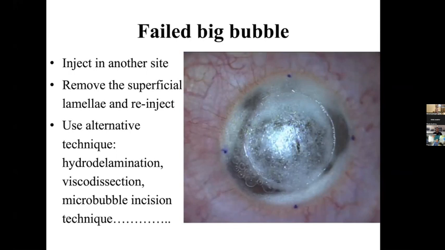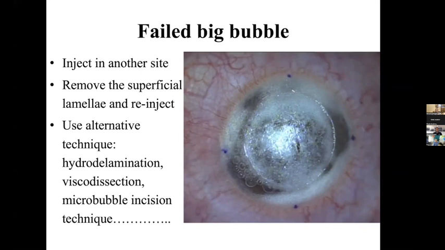But still, there is an incident which you may not have a big bubble even after many injections. So you must use alternative technique which you must train on, such as the hydrodelamination, viscodissection, or the microbubble incision technique.